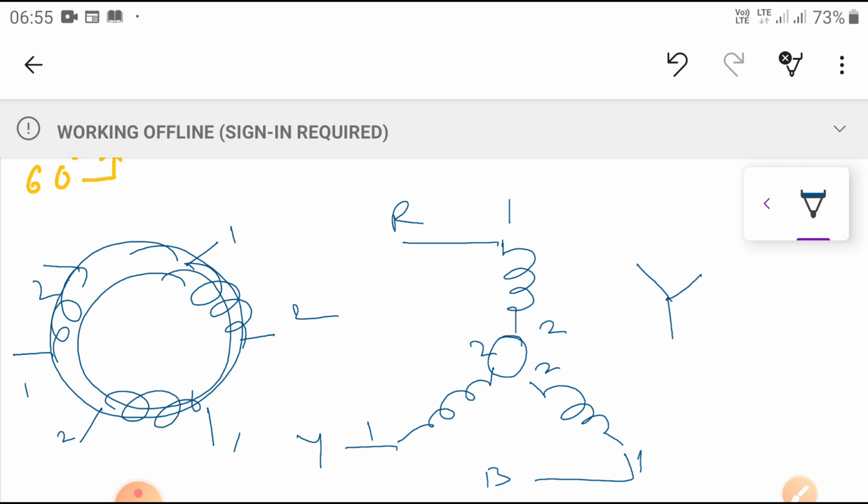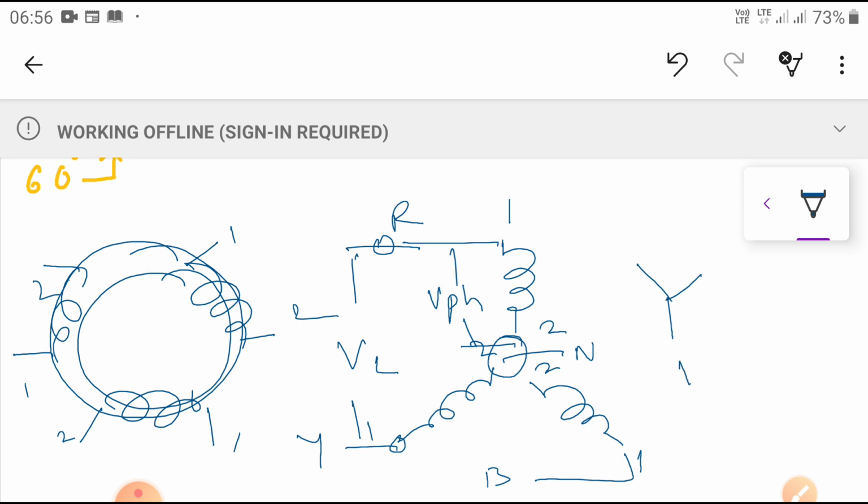In star connection, we already know that whatever line voltage VL is applied across two lines, two phases, we get the neutral and then the phase voltage. So VL is equal to root 3 times V phase, because the line voltage is not equal to the phase voltage.